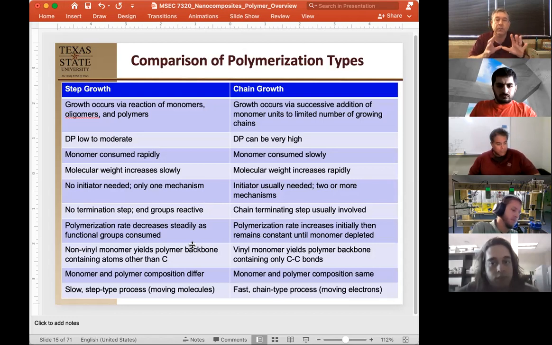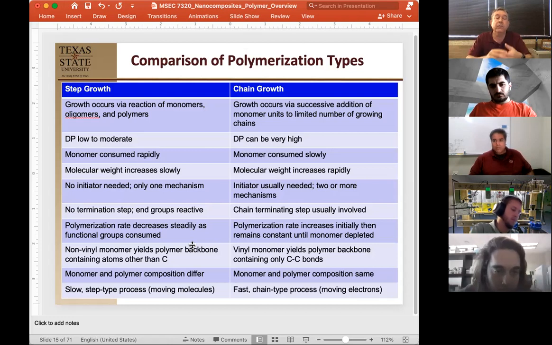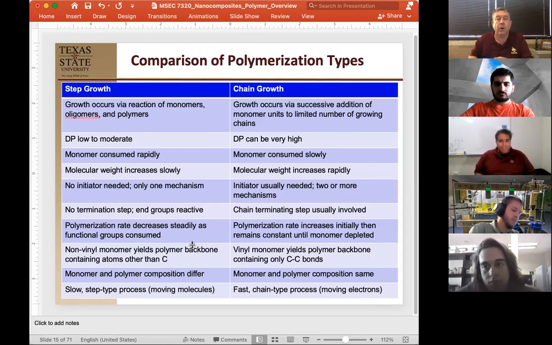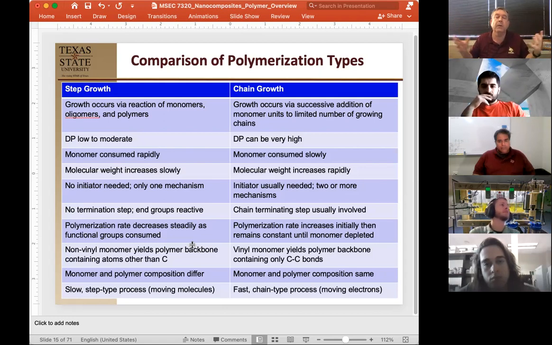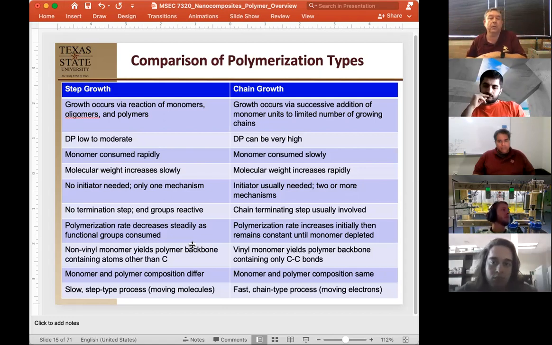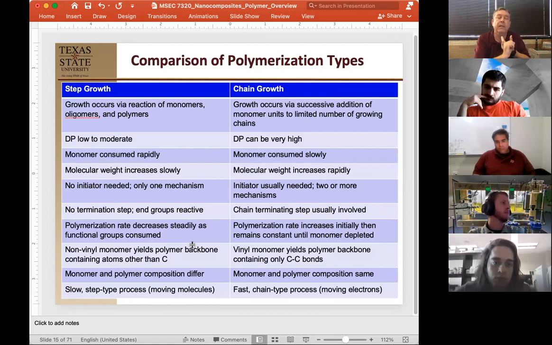There's two different functional groups that react to form a new functional group that is in the main chain of the polymer. In chain growth, it basically starts at one monomer unit, and it's in a sea of monomer units, and the polymers are just growing, and they're all growing at the same rate. So the molecular weight's increasing, but you still have this sea of monomer around it until it runs out of monomer to react.